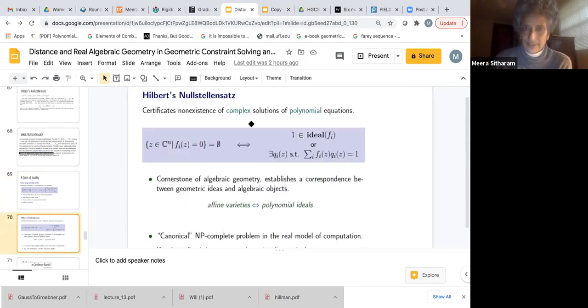So Hilbert's Nullstellensatz, or at least the weak Nullstellensatz to the extent that we're going to use it, can be thought of as a similar sort of statement. It's saying that the set of complex solutions to a polynomial system f_i(z) = 0, i going from 1 to m, is empty if and only if the constant polynomial 1 is in the ideal generated by those polynomials.